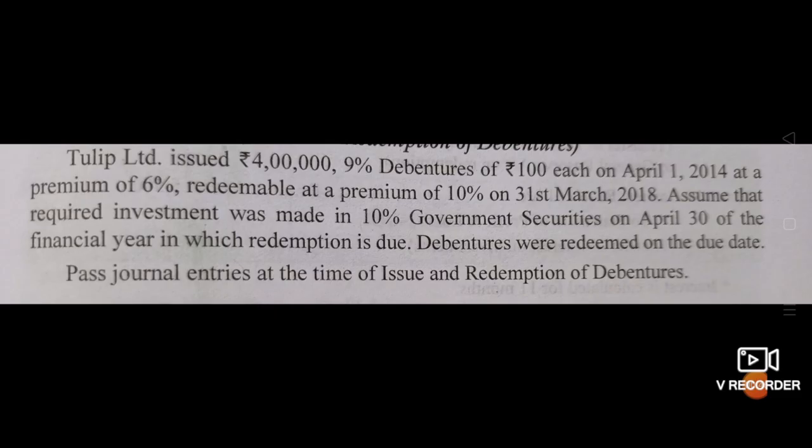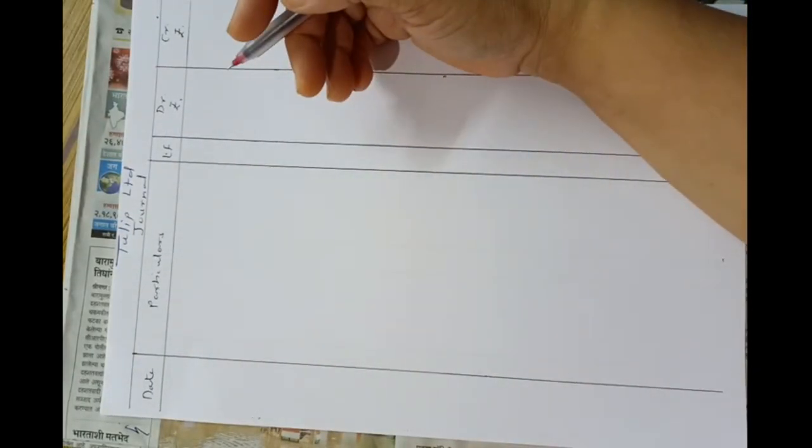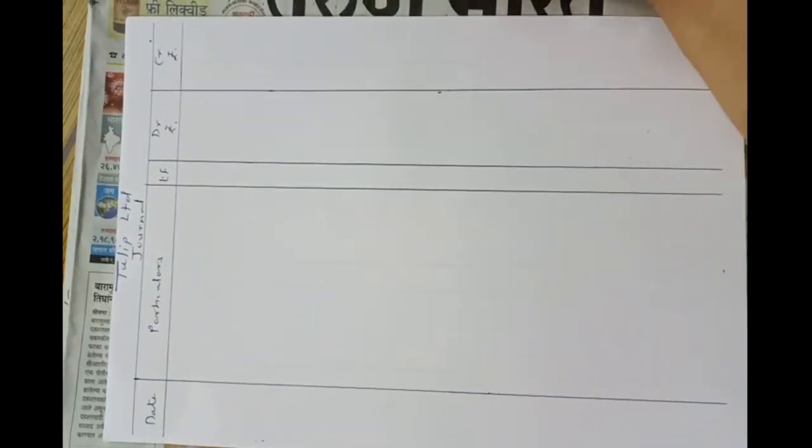So let's start now. Here we will pass the journal entries in the books of Tulip Limited. In this problem, we have discussed the problem already. They told us that the company issued rupees 4 lakh 9% debentures of rupees 100 each at a premium of 6%, means at rupees 106.